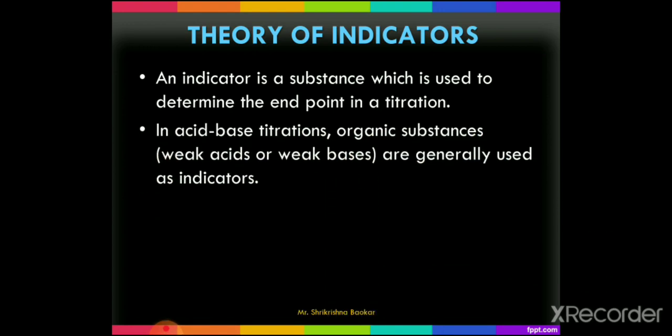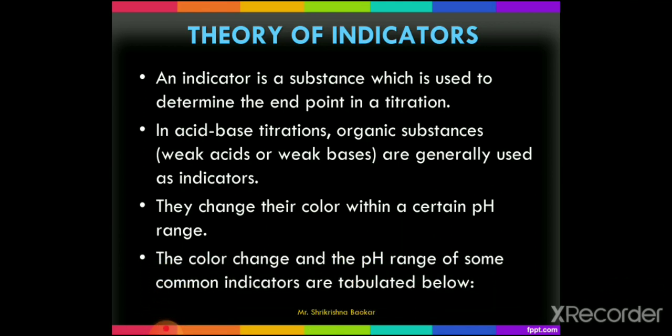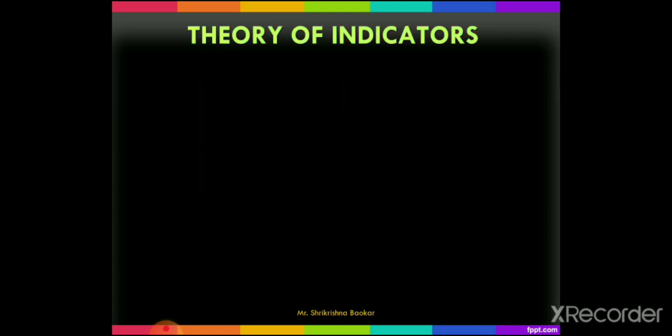In acid-base type of titration, organic substances such as weak acids or weak bases are generally used as indicators. They change their color with a certain pH range. The color change and the pH range of some common indicators are tabulated here.